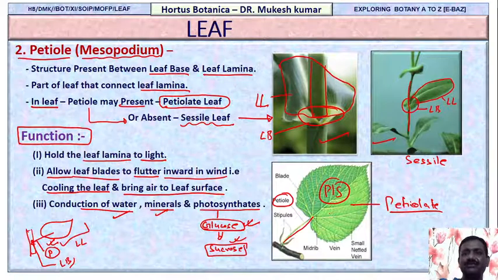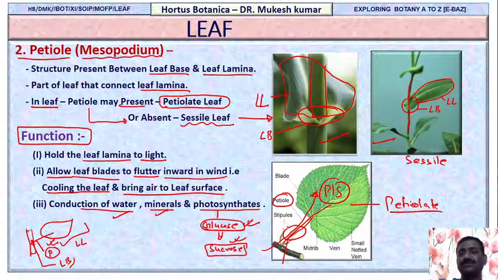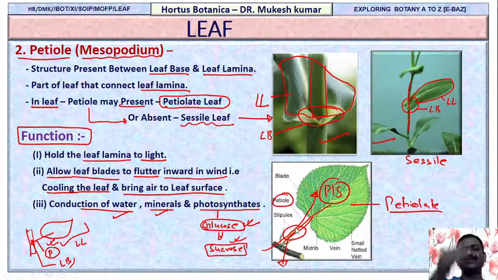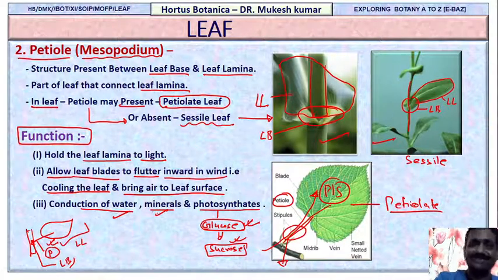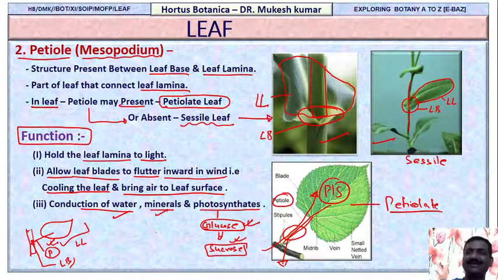The products will go to the stem and the root, coming down, and the water and minerals in the root will move from lower to upper, that is, root to shoot system, while here we get shoot to root movement. Such bidirectional exchanges will happen through this very part, the petiole. Isn't it, my dears?